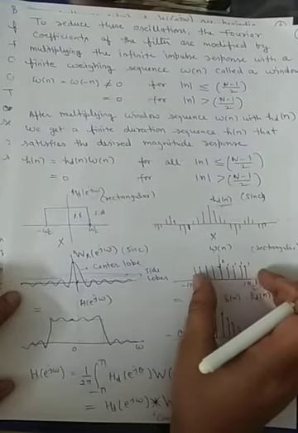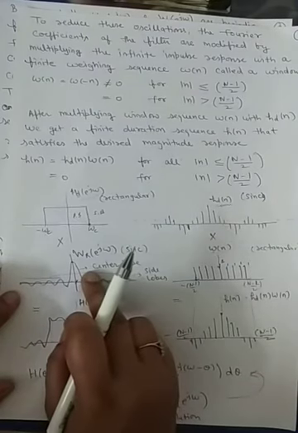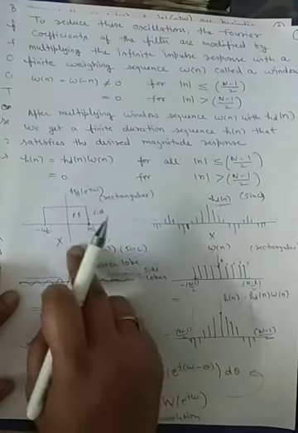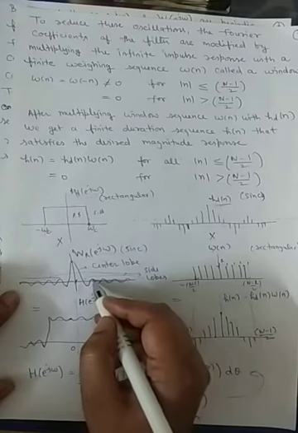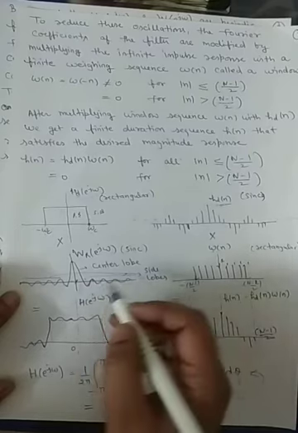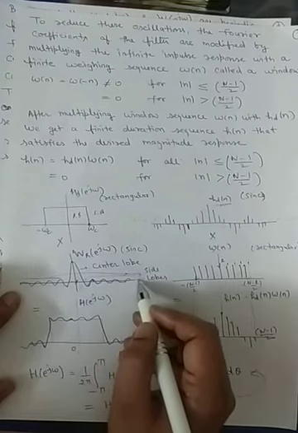So now the important characteristics of the window, because we know that whatever the shape of the window, it will affect the actual response. The desirable characteristic of the window is that most of the energy should be in its main lobe, and the first side lobe should have as little energy as possible, and this energy must decay rapidly from 0 to pi. So the center lobe of the frequency response of the window should contain most of the energy and should be narrow.